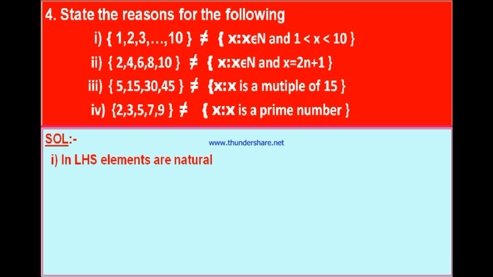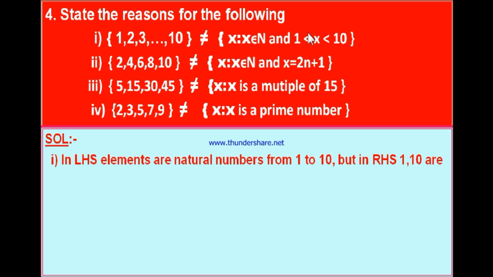First bit, if you observe the LHS, the elements in LHS are 1, 2, 3 and so on up to 10. These are the natural numbers starting from 1 to 10. Whereas if you look at the RHS, it is given that x belongs to N, but x lies between 1 and 10.